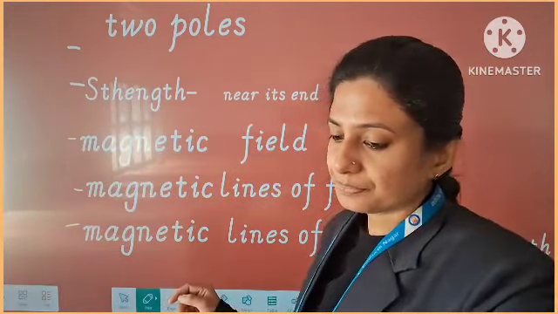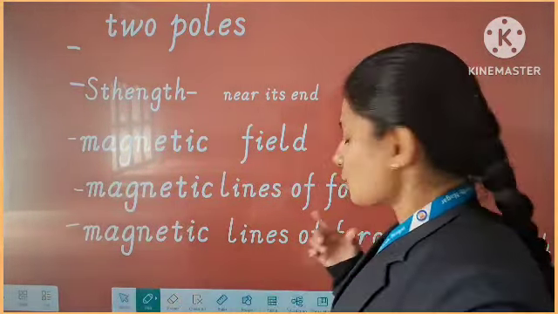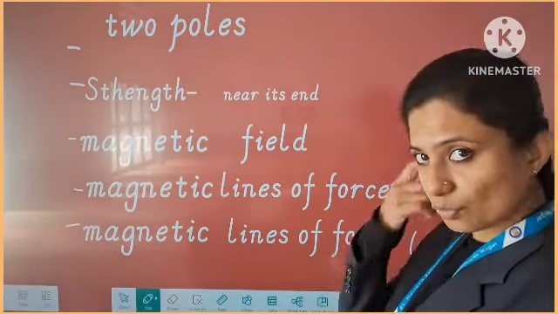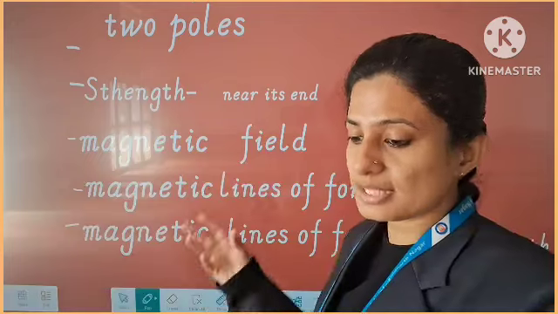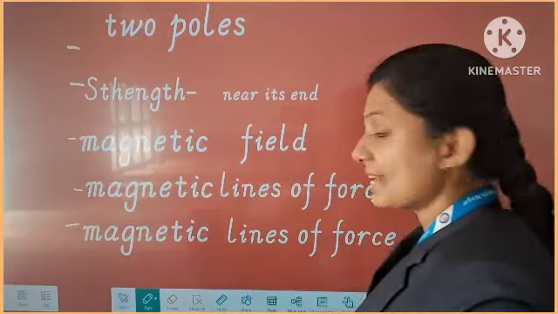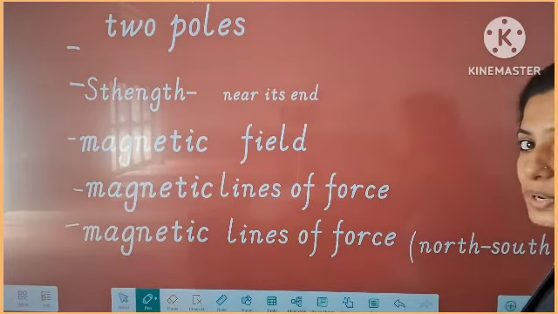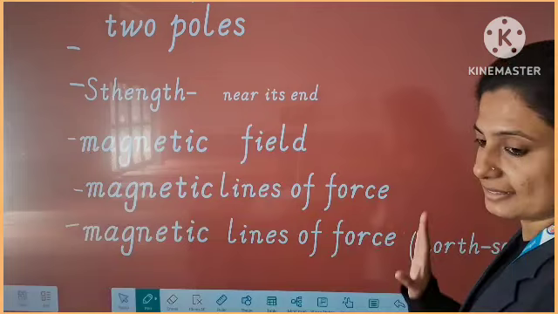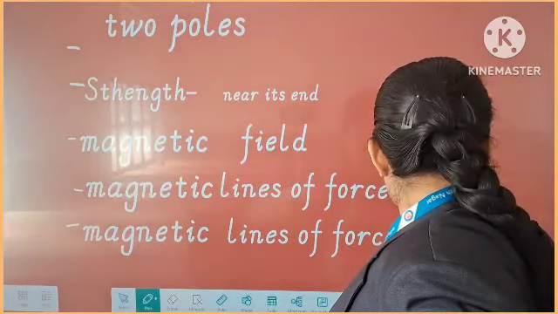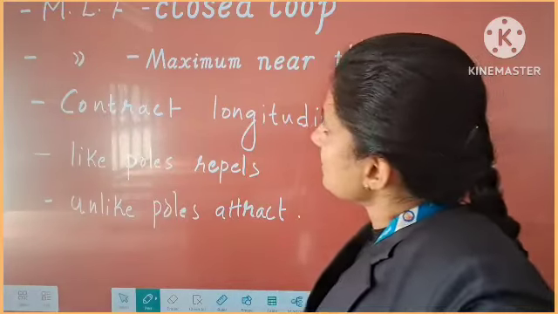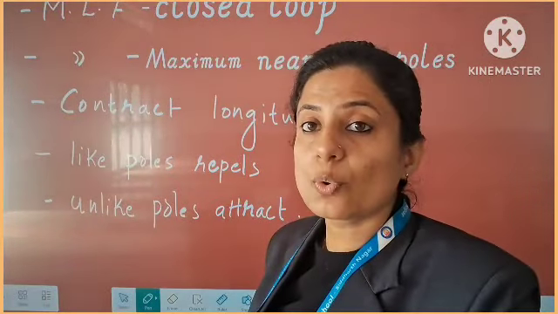Next is the magnetic lines of force. The magnetic lines of force start from the north and end in the south, always in a magnet. These are some of the properties. The next property is that they form closed loops.